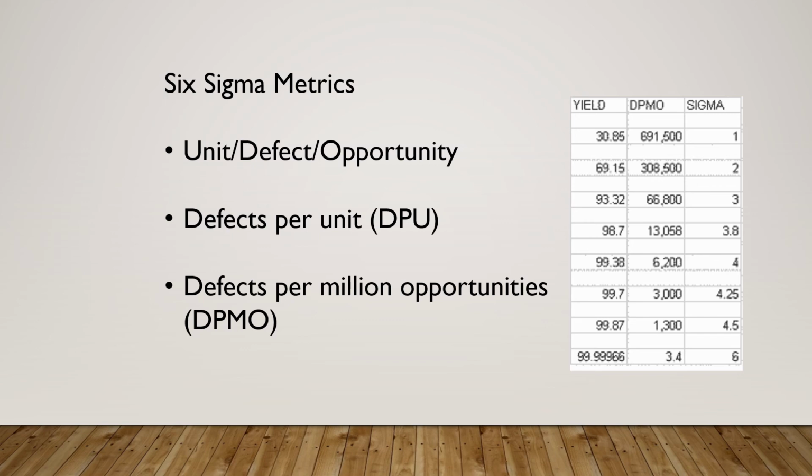There's no DPMO that's equal to 1,305.8, but by using 1,300, we can estimate that there's around 4.45 sigma and 99.8% yield. Not too bad. When you bring the number of opportunities into the picture, it really makes a difference.